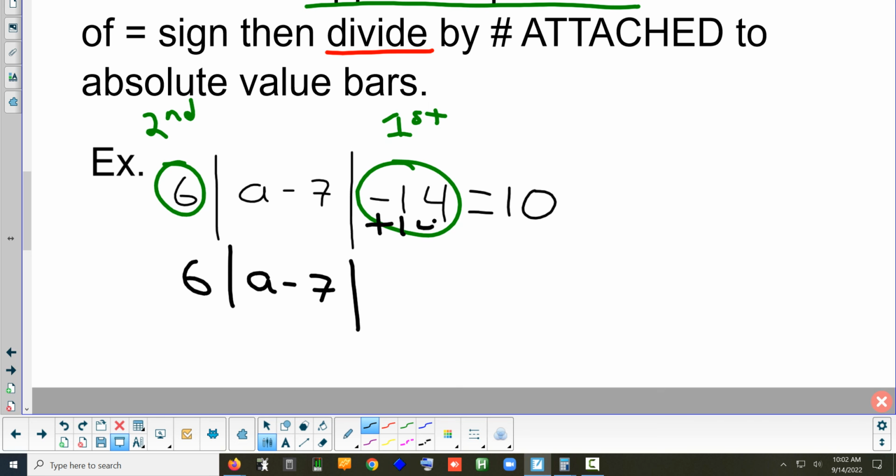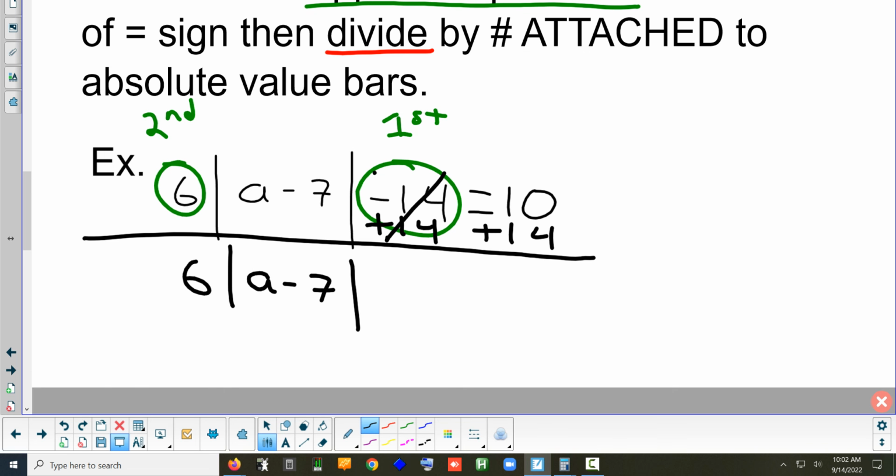All we're going to do is plus 14, plus 14. Negative 14 plus 14. What happens? Yeah. They cancel out. You added 14 to cancel it out and put it on the other side. 10 plus 14 gives me 24.